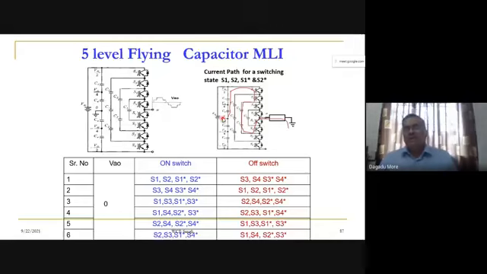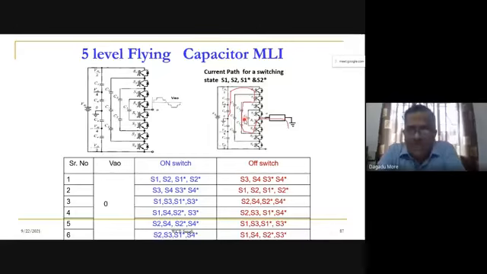So we have seen that these two capacitors named C4 and these two capacitors named C2 are in series, and each capacitor has an equal voltage. Each capacitor has a voltage equal to VDC by 4. These two are additive, these two are also additive, but C4 is opposing C2.